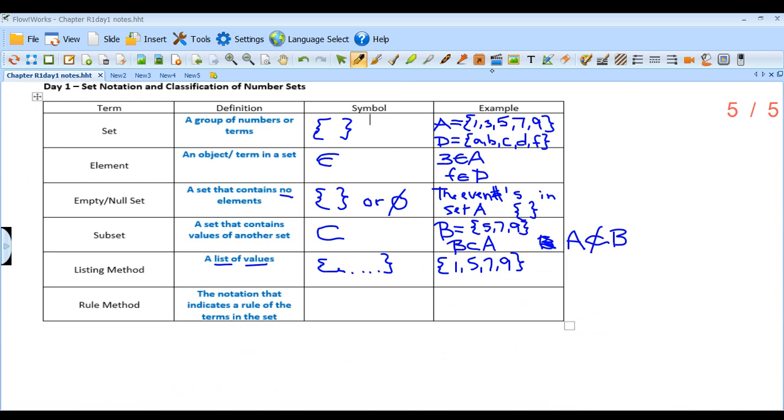All right, so next we're going to talk about the rule method. The rule method is basically the notation that indicates a rule for the terms of the set.